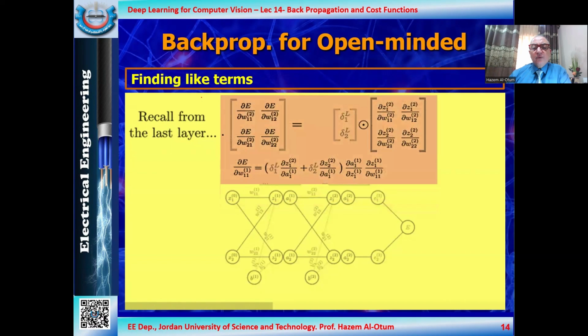We can write this as a dot product between delta L1 and delta L2. L means the layer, and one is the first branch or node at the upper neural network part, and delta 2 at the lower. So when we have only two inputs at this stage, what will happen if we have a lot of inputs? What will be the situation?